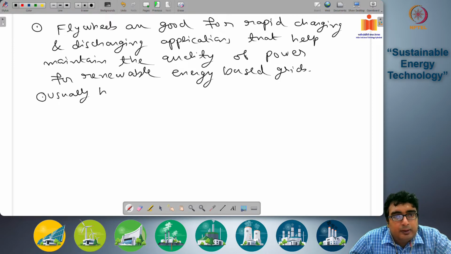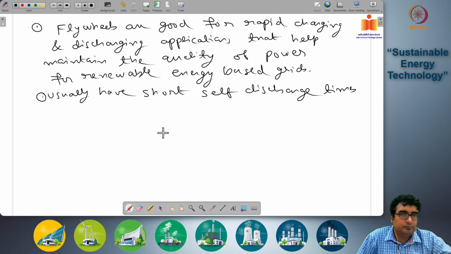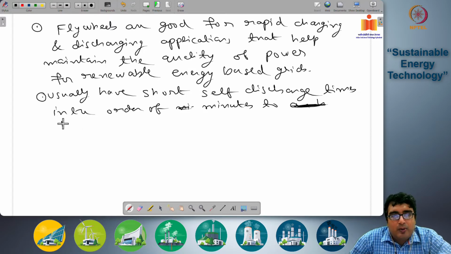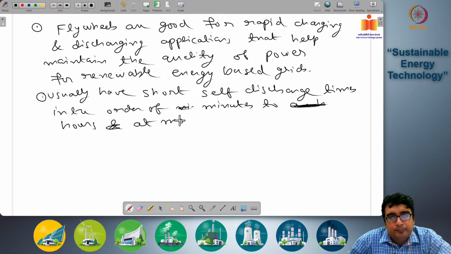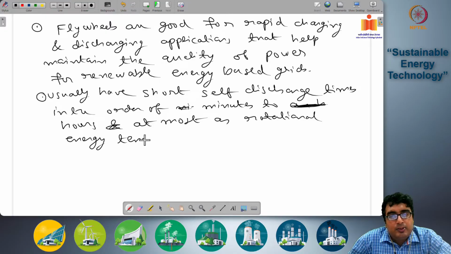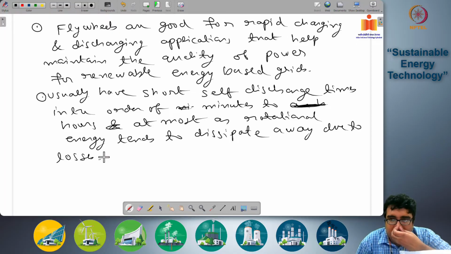So usually these have short self-discharge times in the order of minutes to an hour, minutes to hours at most, as rotational energy tends to dissipate away due to frictional losses.